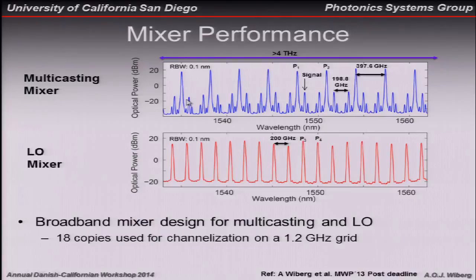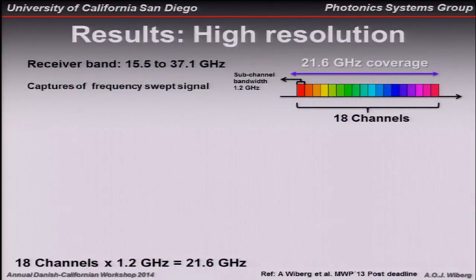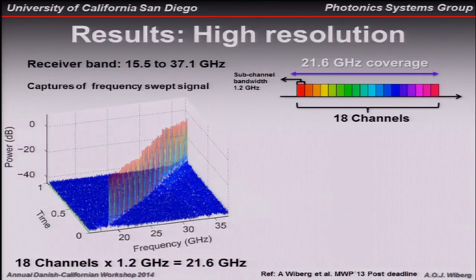So this is how we implemented the mixers. We have the upper here where we multicasted the copies. We show just a part of the comb here for proof of concept, and here is the local oscillator combs, and we used in this experiment 18 copies with a 1.2 gigahertz grid. And by doing that, we create a 21.6 gigahertz coverage, and we look at performance where we change the frequency over time.